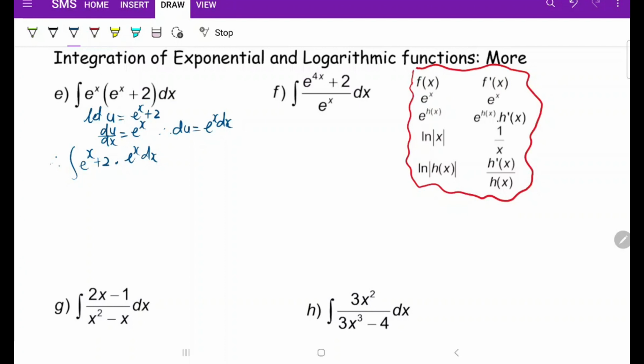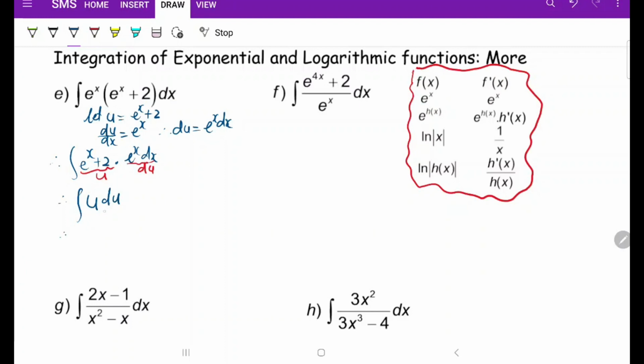Based off of this, we know that this entire part here will just be u, and this part over here will just be du. So what does that do? It leaves us the integral of u du.